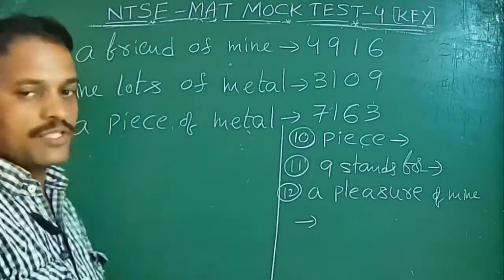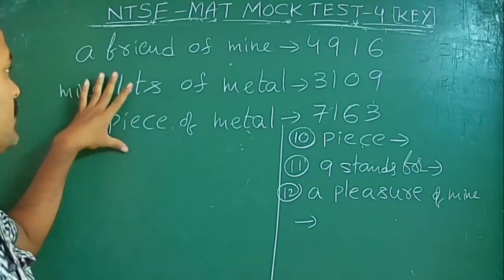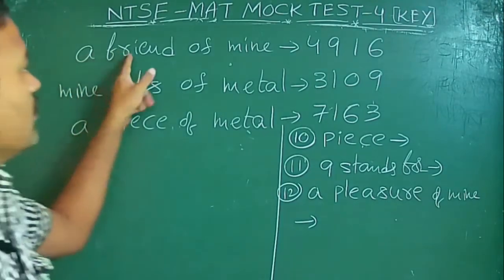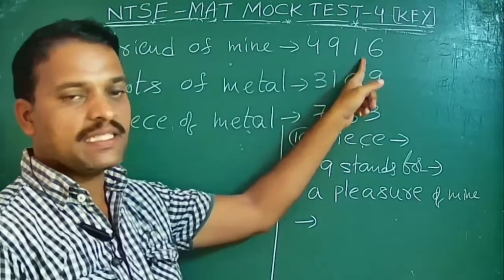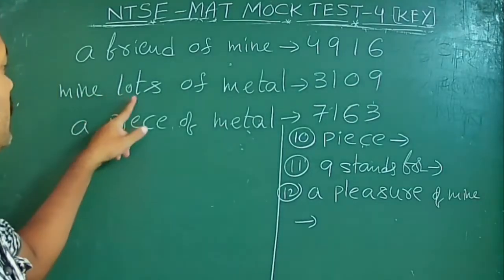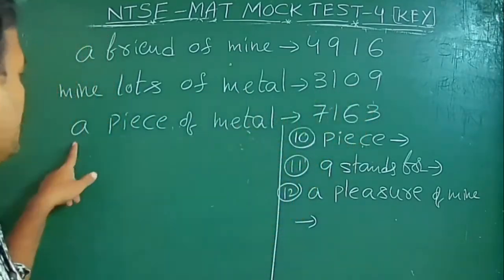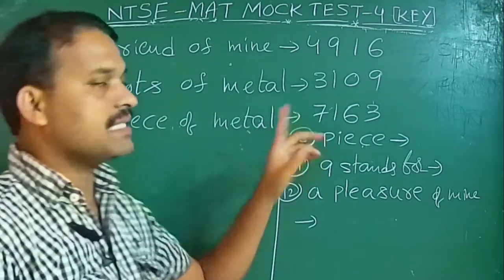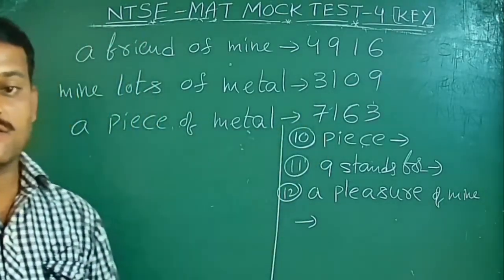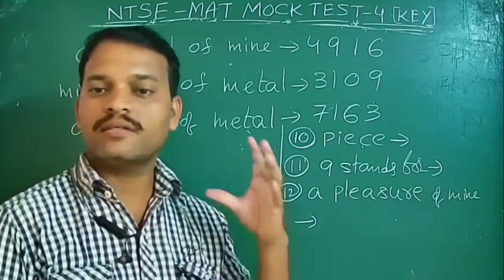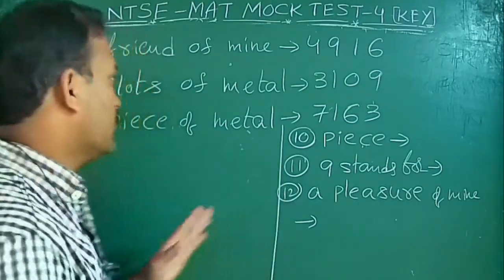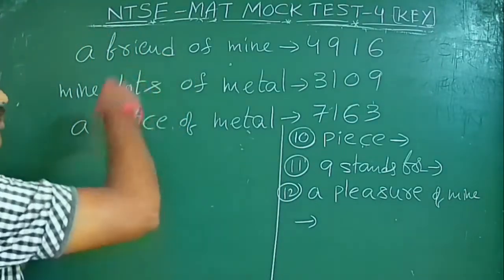10 to 12 questions. Using this method: a friend of mine 4916, 9 lots of metal 3109, and a piece of metal 7163. So first of all you need to find out the codes of these.